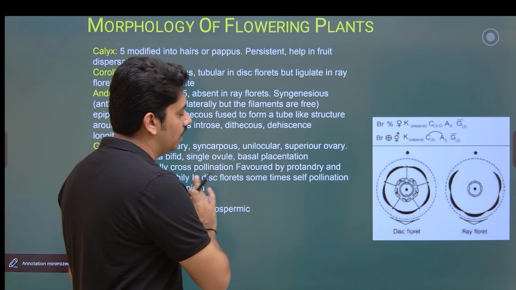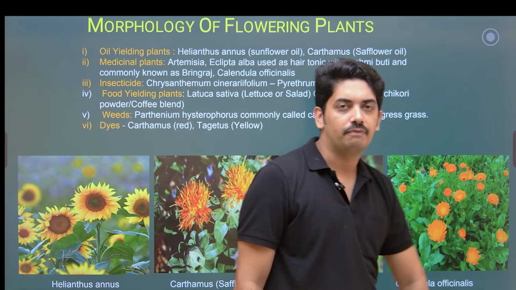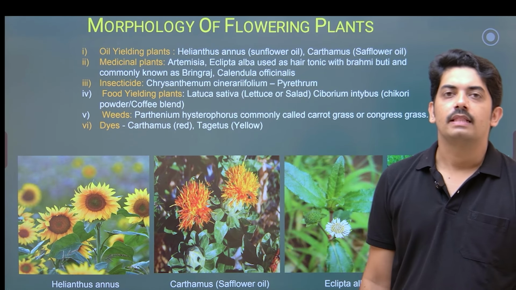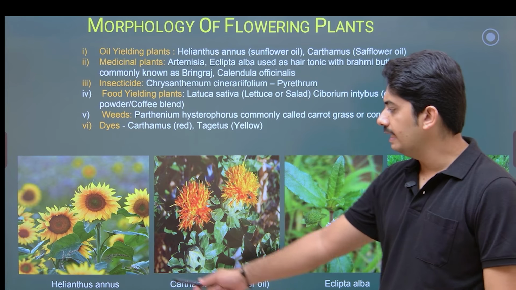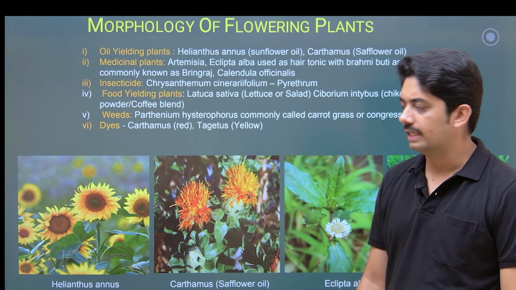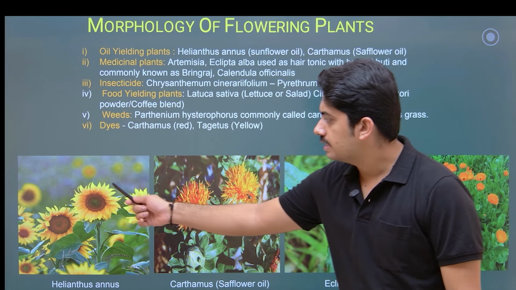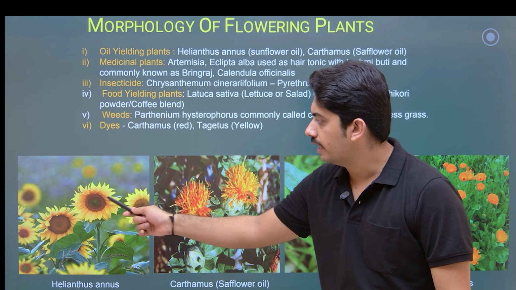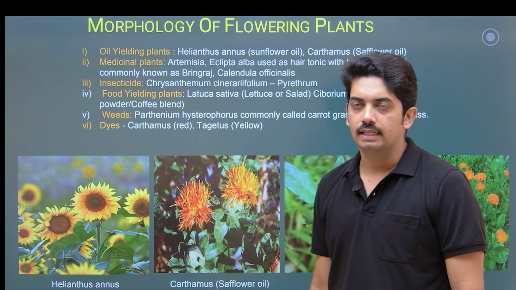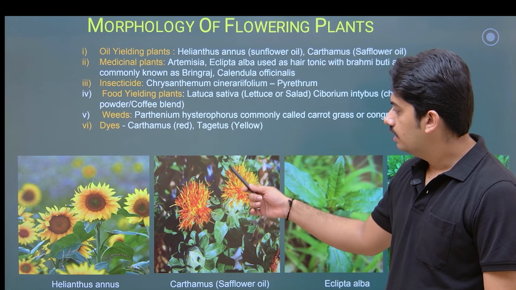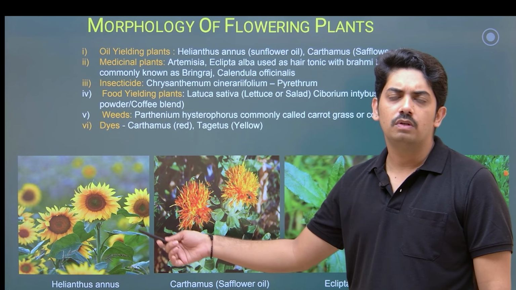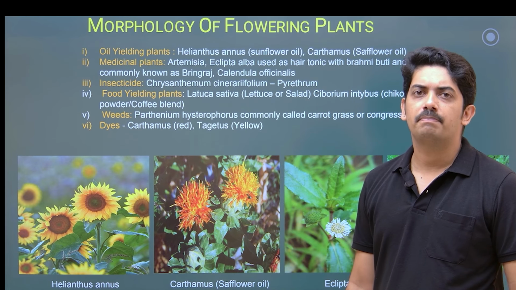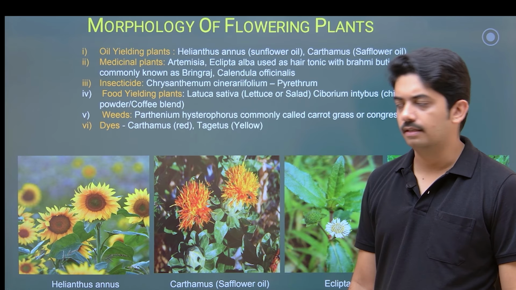Let us go with the examples. It will be very helpful when we look at the different types of plants. That gives the actual idea of all the characters. Helianthus annuus, we all know, that is sunflower. Here you can see the outermost ones are ray florets, the central one is disc floret. And just observe the plant body, it is full of hairs, hirsute you can say in technical term.